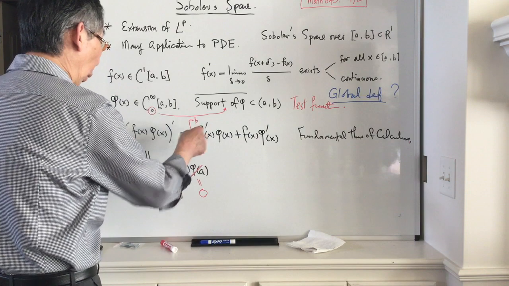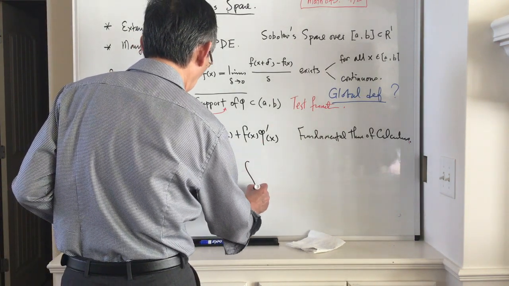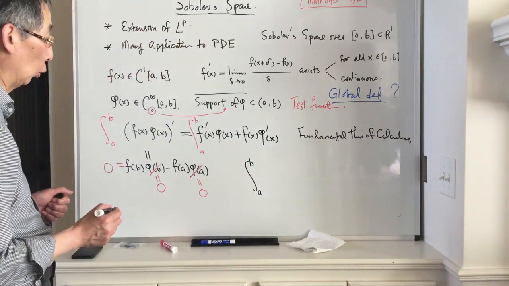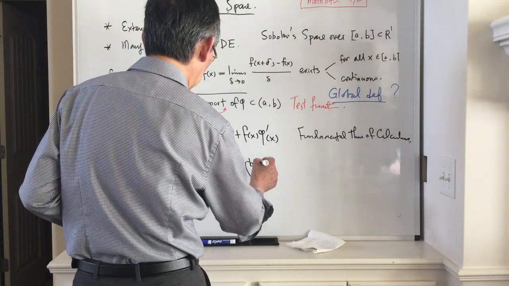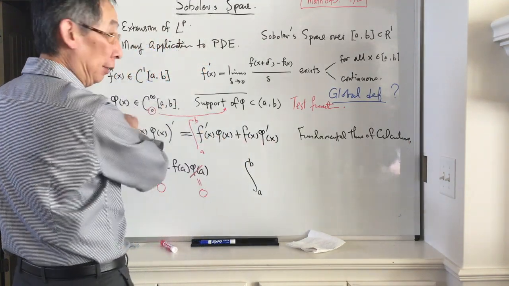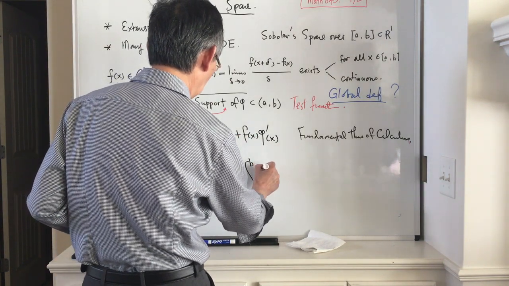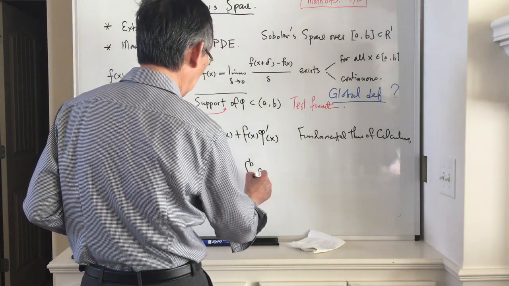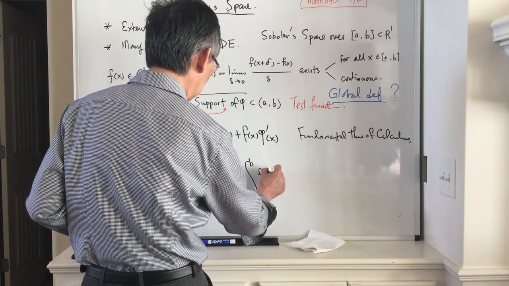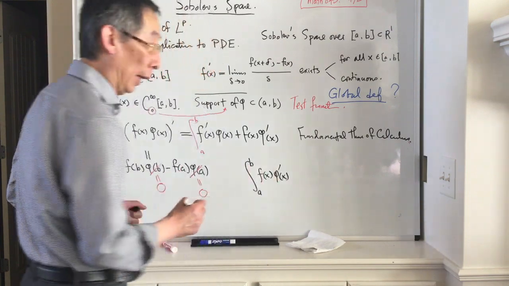And I can write the right side in a different way. So this implies that now I'm getting a very important formula. The integration from a to b, and I put this term first, and moving the first term to the left side, this is f(x) times φ prime(x).